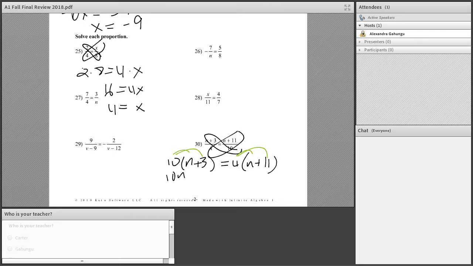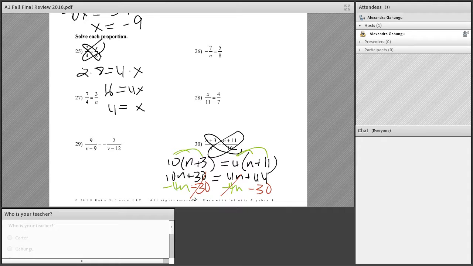And 10n plus 30 equals 4n plus 44. So you subtract 4n from both sides. We're going to do it all in one step and see how that goes. And then since you want to get n on the left side in this case, you can just get rid of 30 on that side. So that's gone, and that's gone.